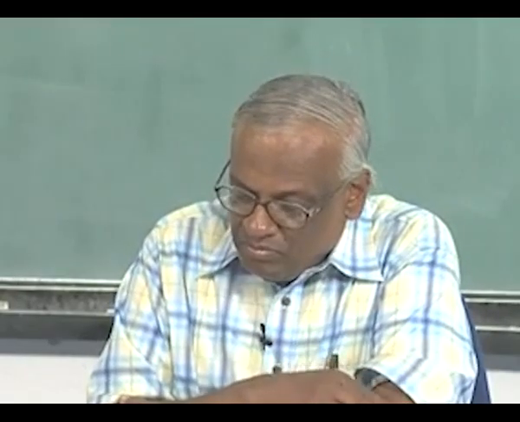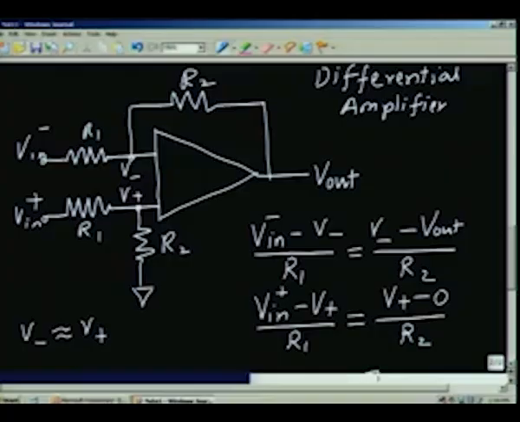Number two, if you look at this carefully, sometimes what we do is we simply have what is called a voltage follower, which is a unity gain amplifier. What is the advantage of that? If you have a unity gain amplifier, the input impedance is very high.